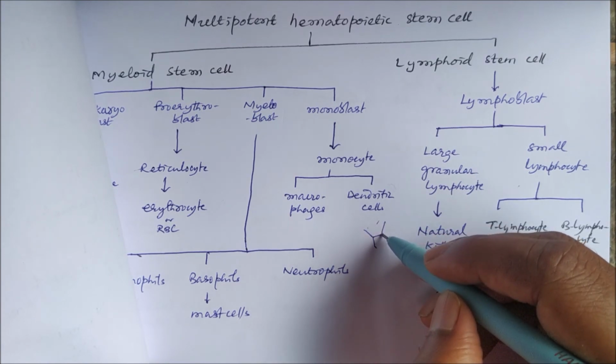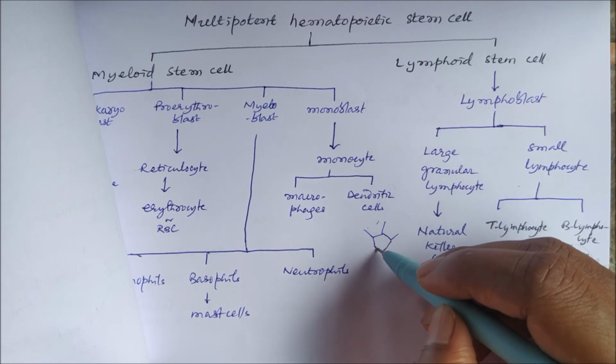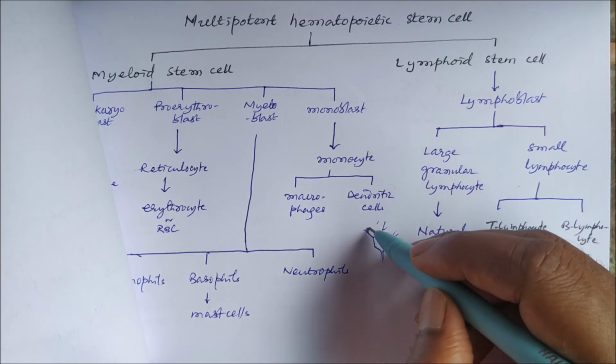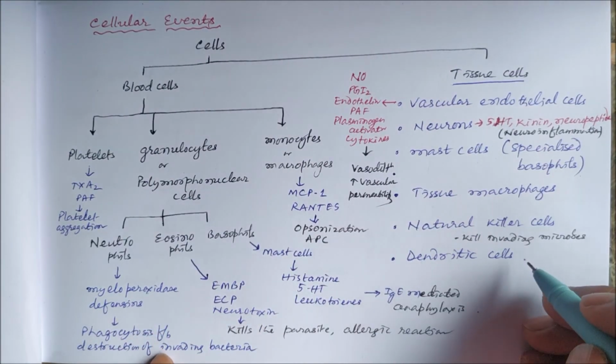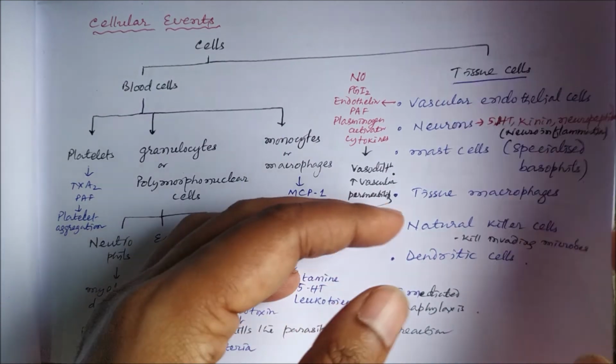Like the dendron in neurons, a similar structure is there, so because of that these cells are called dendritic cells. And these dendritic cells again act as the antigen presenting cell.